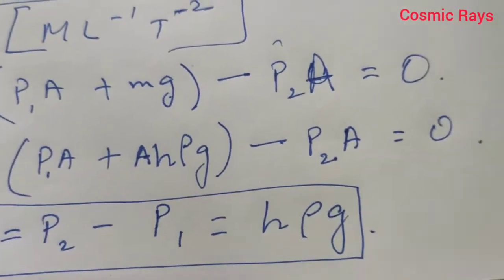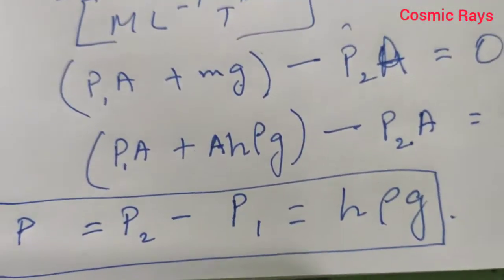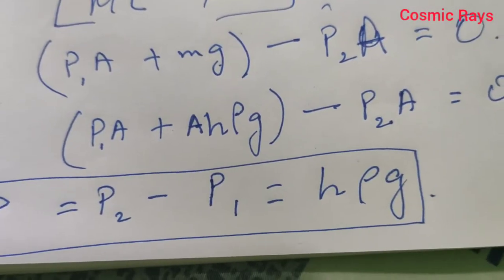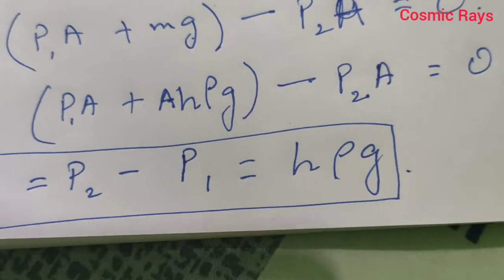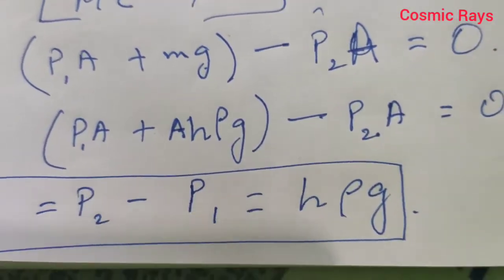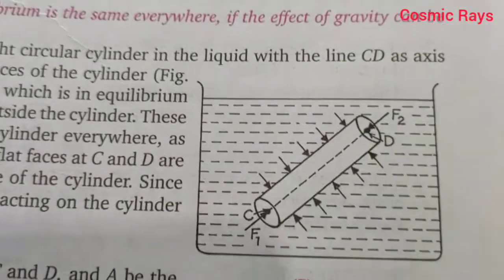Now, after deriving the equation for the pressure which is being exerted by the liquid column, we come to something called Pascal's law, and this law is very important when we talk about fluid pressure.